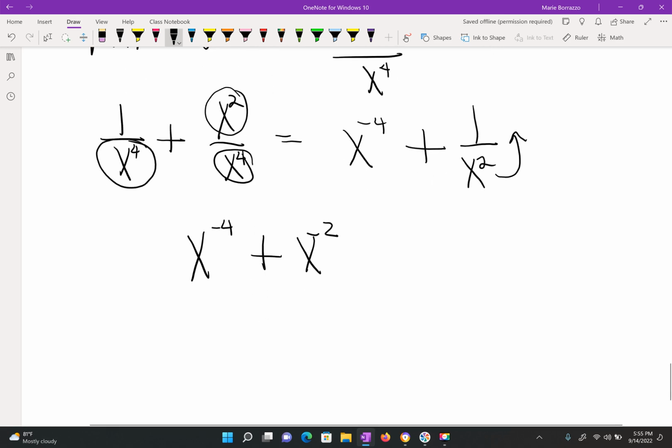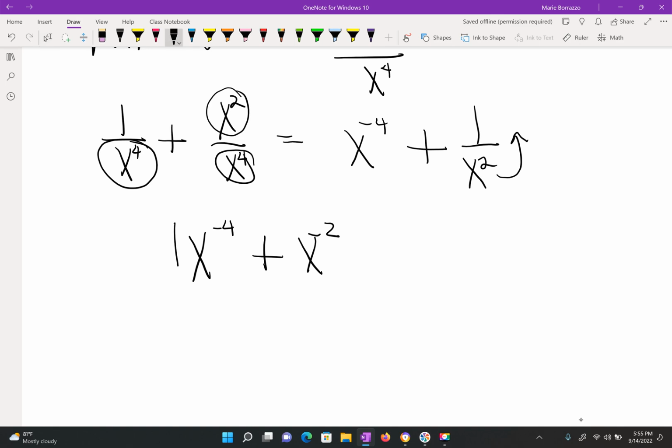Now we differentiate. So remember the coefficient of 1 in front of both of these. So this is really negative 4. And I'm going to take away an exponent. So I should have negative 4x. Why am I brain farting? X to the negative 5, minus 2x to the negative 3.